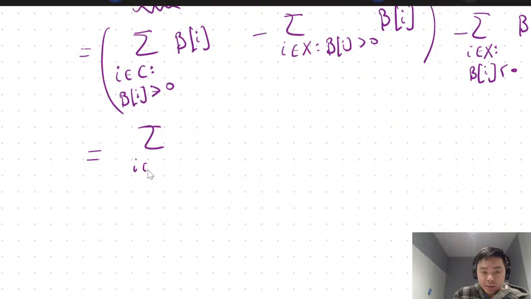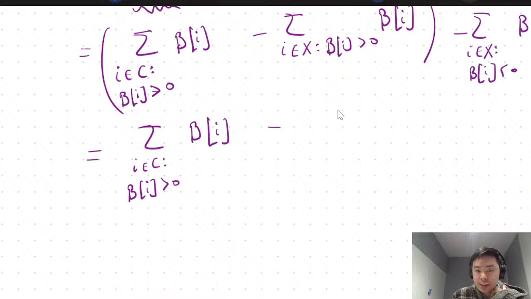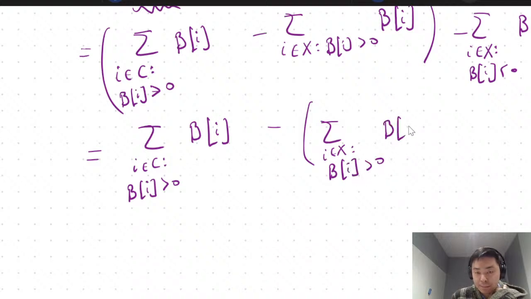So I'm going to get the sum over the courses where it's positive, minus the sum over the courses in X where the benefit is positive, plus where the benefit is negative.